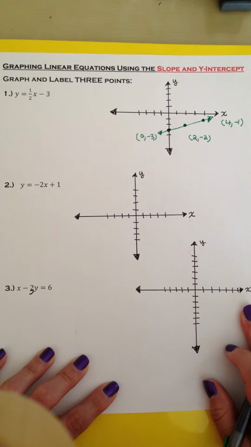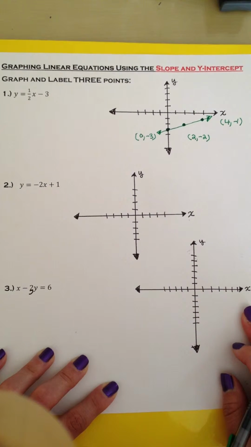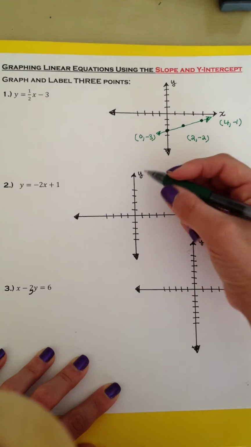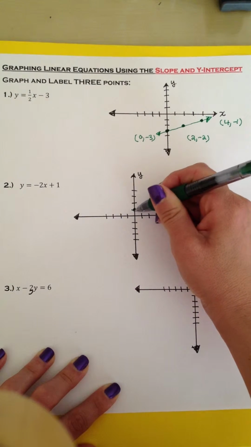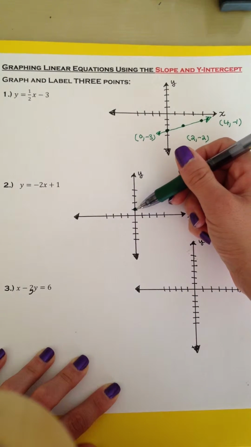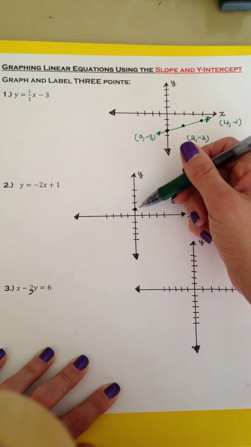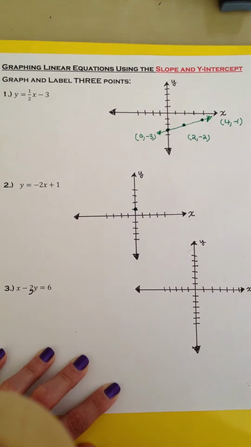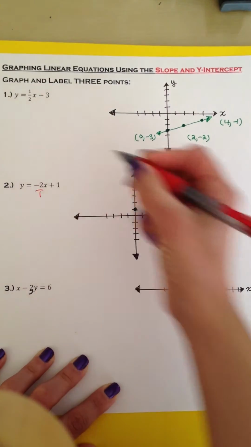Example number 2. Y equals -2x plus 1. In this case, our y-intercept is going to be 0, 1, which is again on the y-axis. Make sure you always start with the y-intercept. Graph that first. Since the slope is negative, we can also think of this as -2/1.